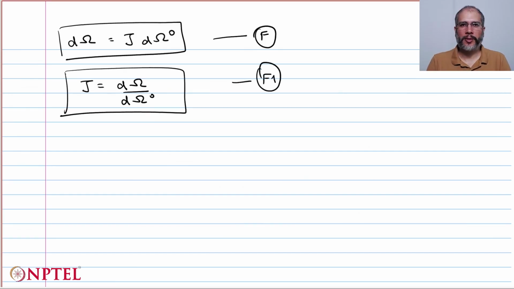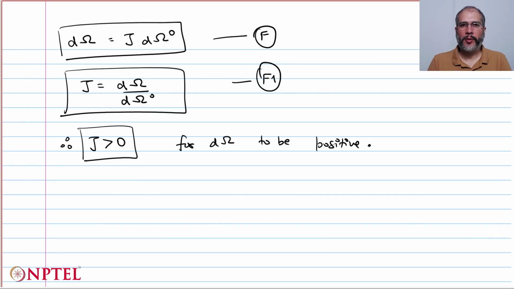So let us look at this expression for Jacobian that we have got. From here, I can conclude that J has to be greater than 0, physically speaking, because if J is equal to or less than 0, that means my volume has either collapsed or become negative, which is physically not possible. And this is something we already have shown in a different way. Let's demonstrate that.